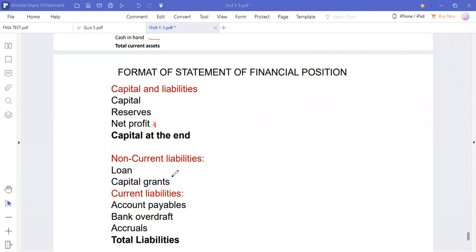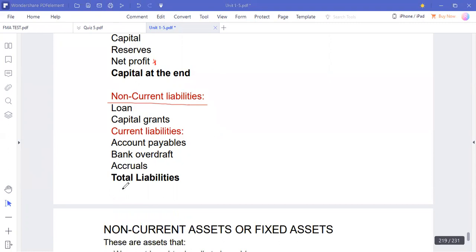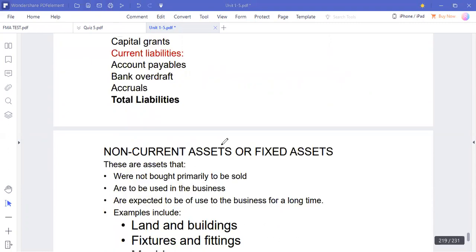The non-current liabilities are simply the long-term liabilities, which include the loans, the capital grants, the bonds, and the debentures. And when we add the current liabilities, these are short-term debts like accounts payable, a bank overdraft, and an accrual. An accrual is simply money that we are still owing. So when we total these up, the balance sheet will now balance.